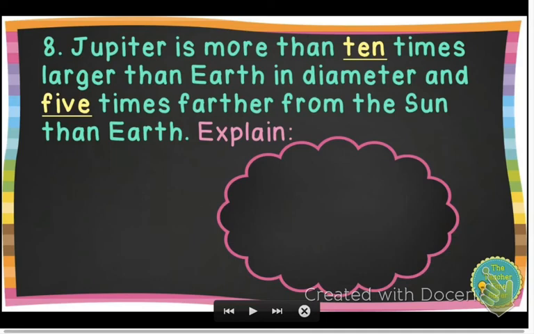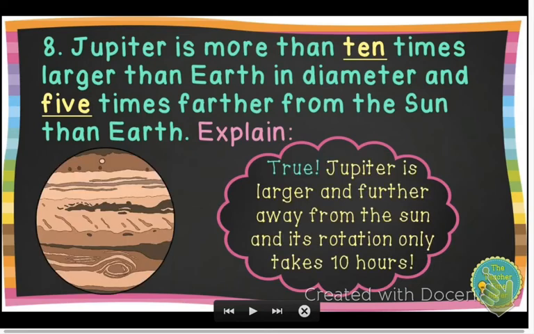Jupiter is more than 10 times larger than Earth in diameter and 5 times farther from the Sun than Earth. Do you think that's true or false? It's true. Jupiter is larger and further away from the Sun, and its rotation only takes 10 hours.